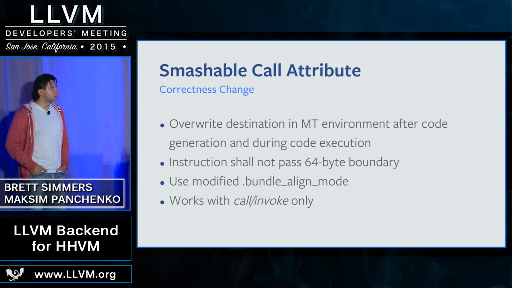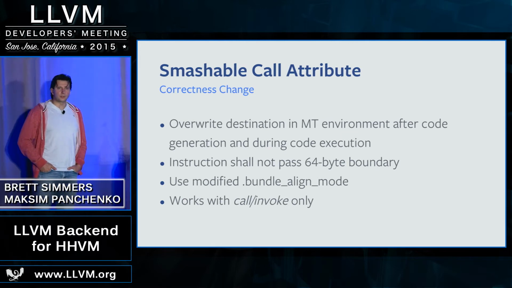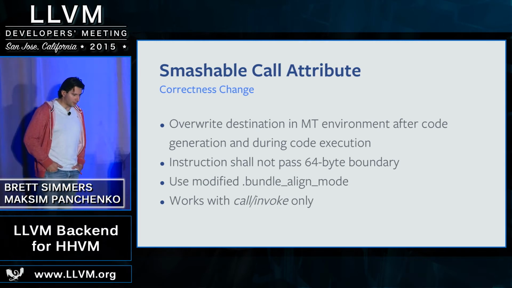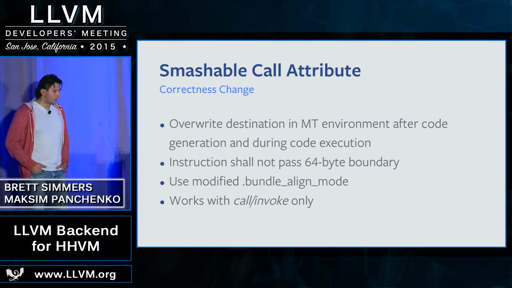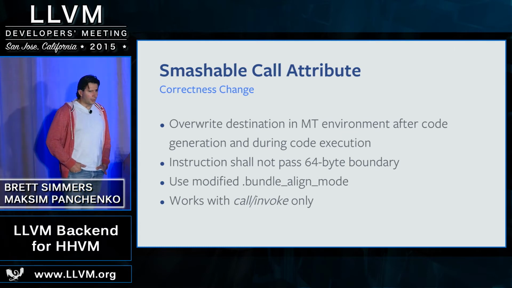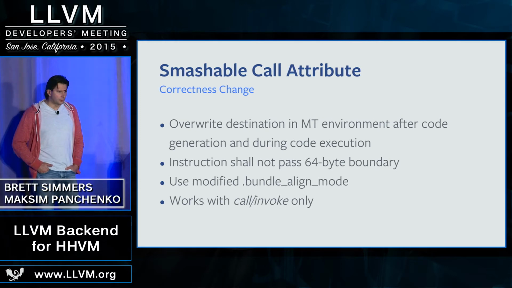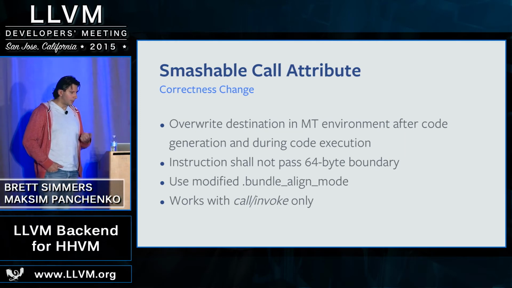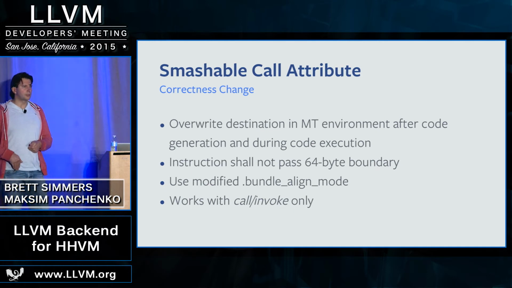And to make it not crash, we had to make sure that the call instruction does not straddle the 64-byte boundary, the instruction cache line size on x64. And this is something we had to convey to LLVM and teach how to generate sequences like that. And fortunately, LLVM already knew how to do that.